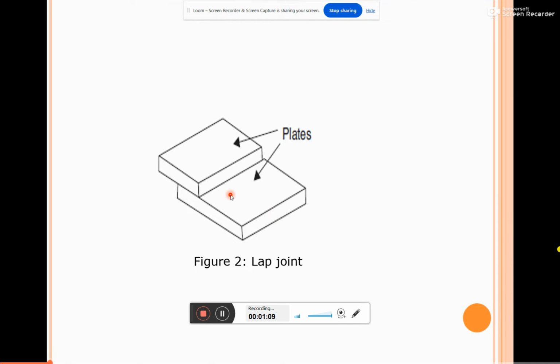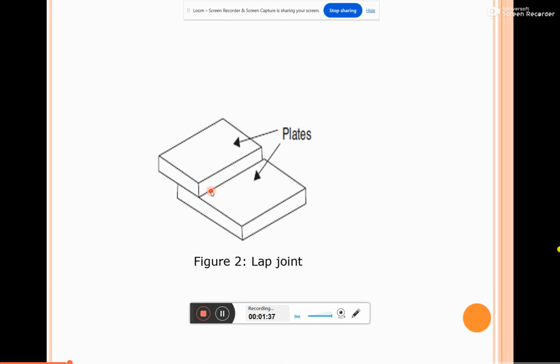These two workpieces are arranged such that they overlap, and we perform the welding at these edges. Such a joint is known as the lap joint.